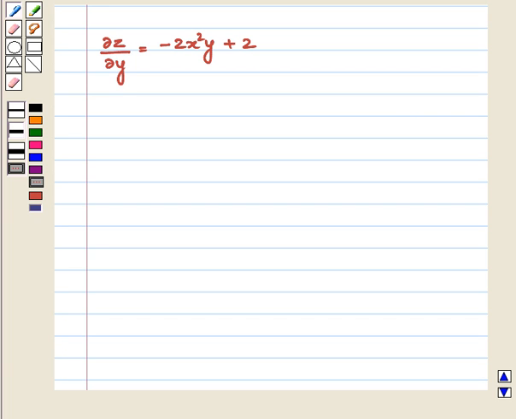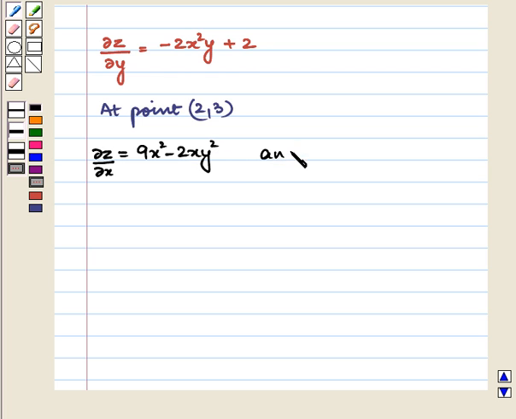Now suppose we want to find its partial derivatives at the point 2, 3. We have del z by del x is equal to 9x square minus 2xy square, and del z by del y is equal to minus 2x square y plus 2.